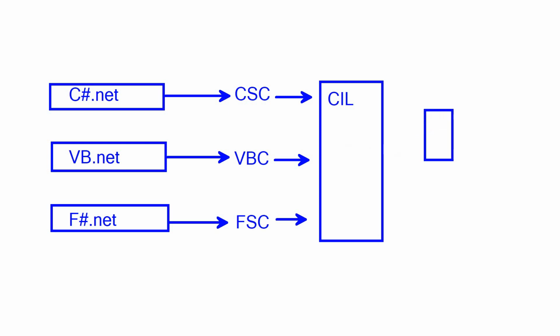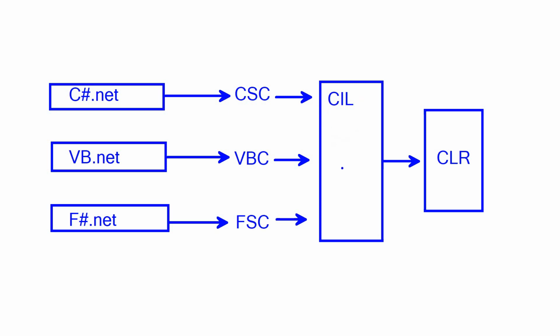The software name is CLR. This CLR will convert the CIL code into machine code. This CLR is responsible for executing the CIL code in any operating system.